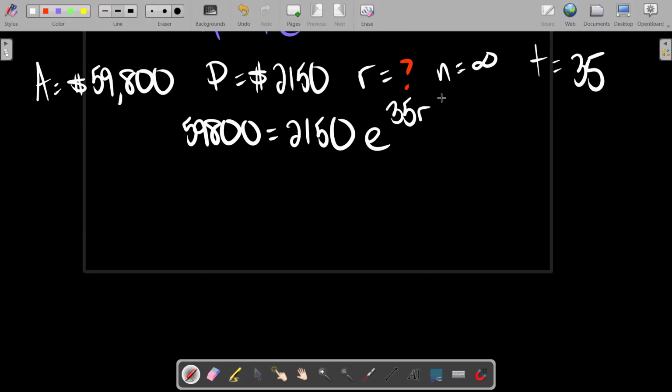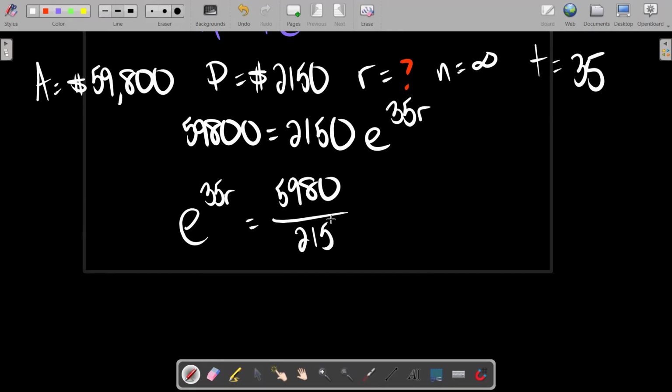And I got the kind of decimal that tells me that I probably shouldn't use a decimal. And so at this point in time, I'm going to say that E to the power of 35R equals a fraction, and I'm going to call it 5,980 over 215. I just reduced by taking off a zero.